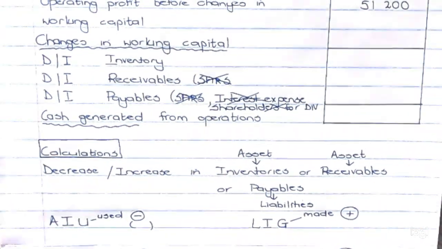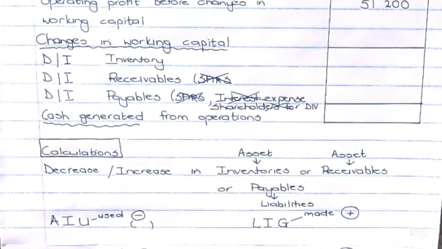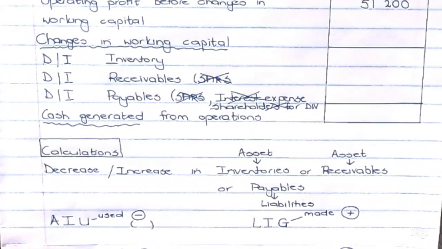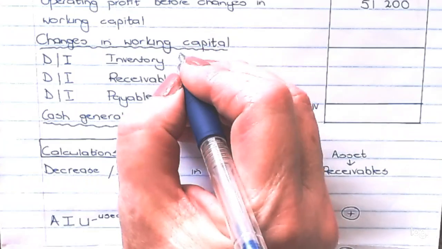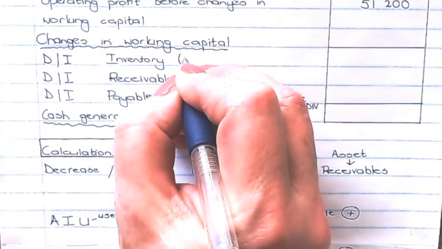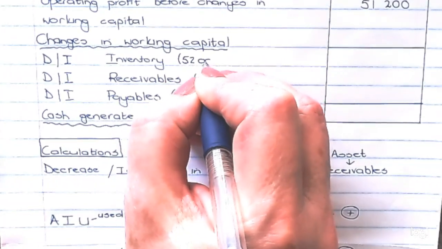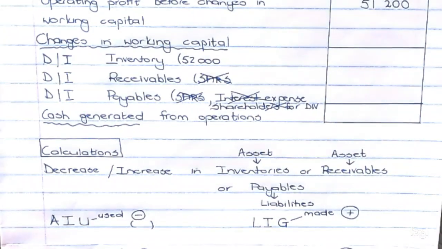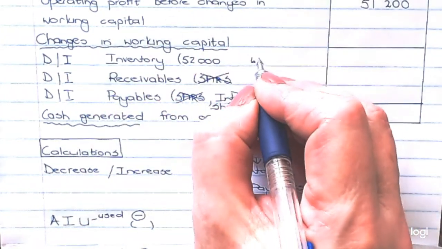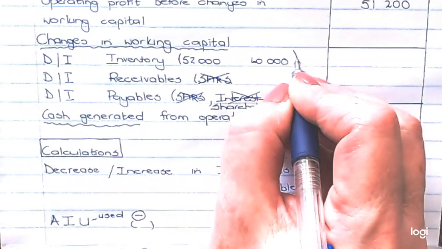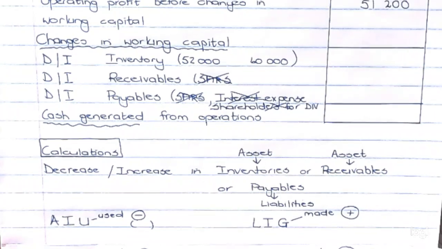So let's have a look now and see how we're going to apply this AU leak. We have in the textbook inventories. I'm just going to write it here for you. Inventories was 50,000 at the beginning, and it is now 60,000. So let's see.